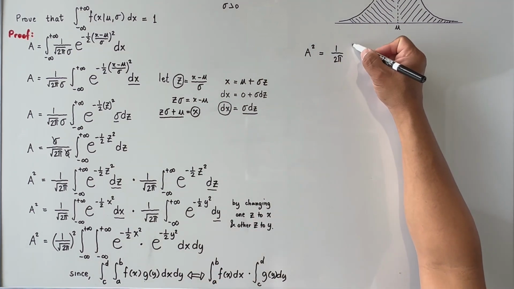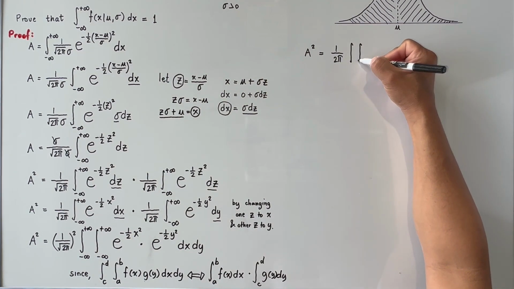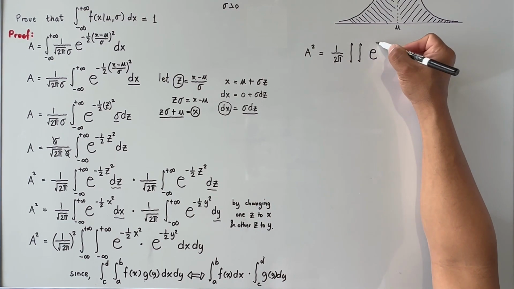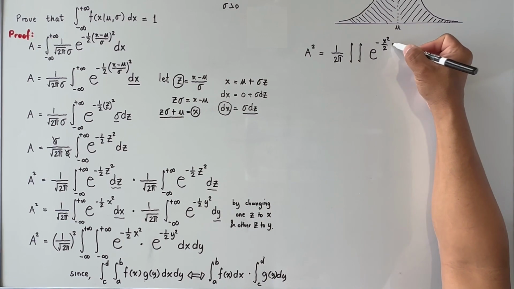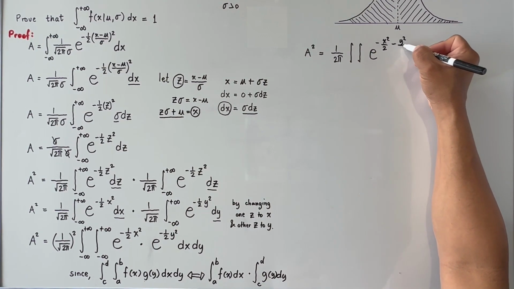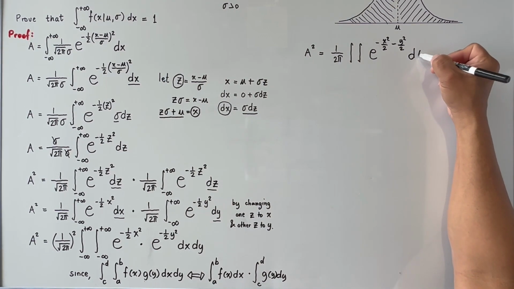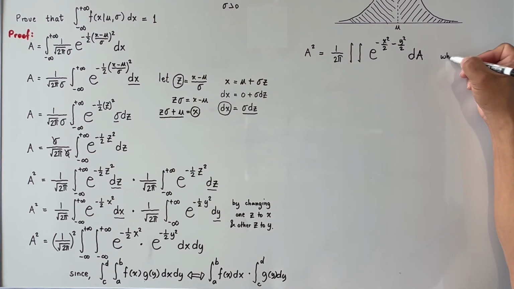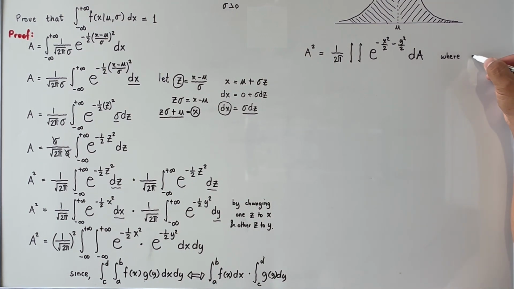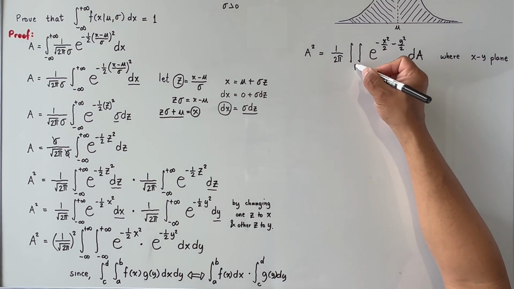So we have the double integral of e to the power negative x squared over 2 minus y squared over 2 dA. Instead of writing dx dy here, I will just write dA, where xy is the plane of integration, and this is integrated over the region of the function.